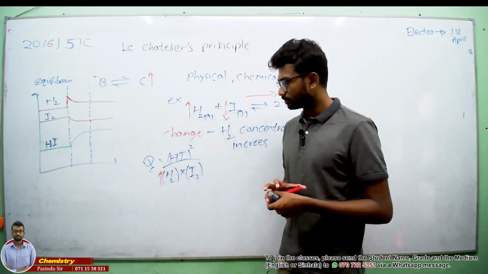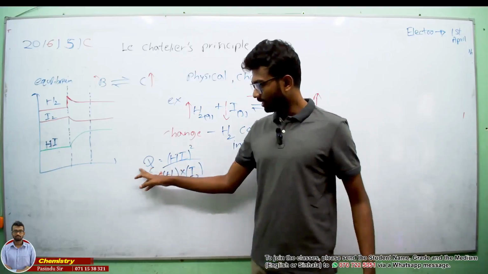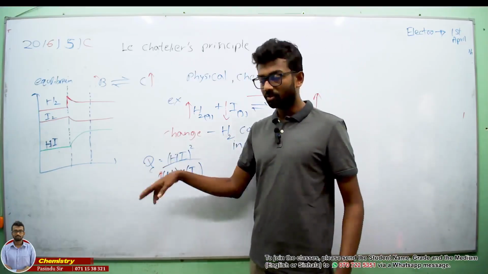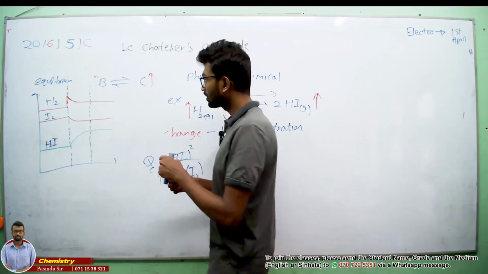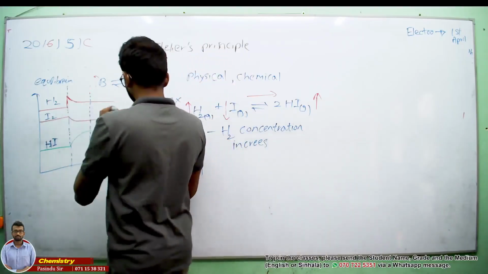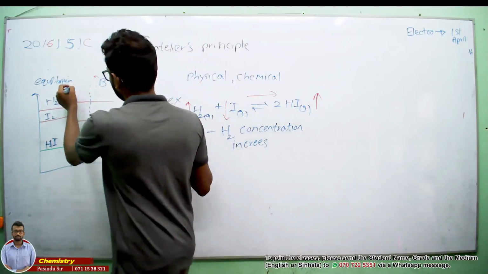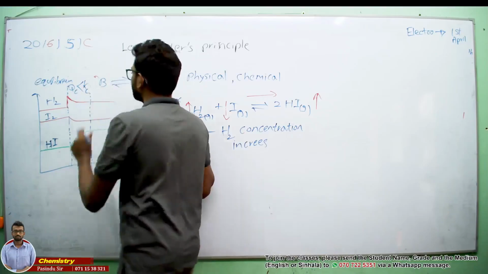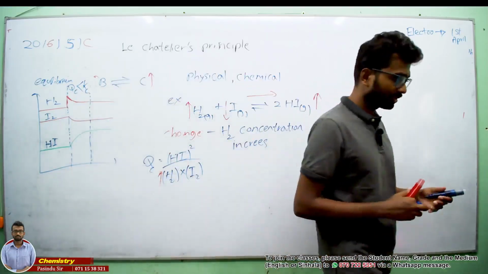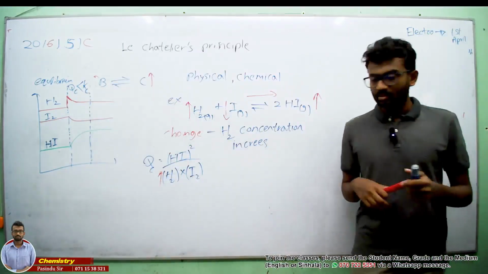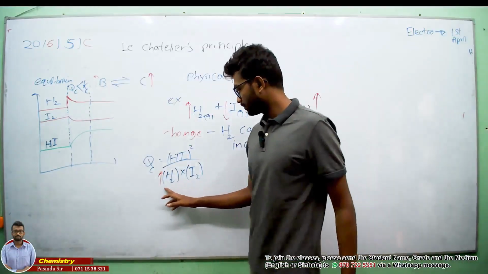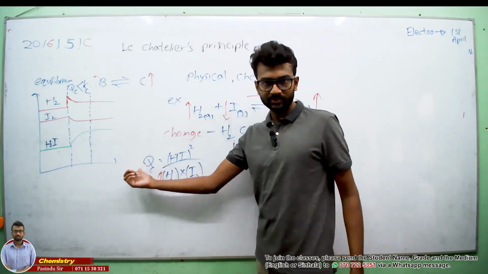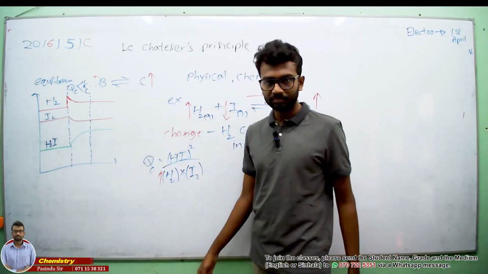That means QC becomes smaller than KC. When this part increases, the top value reduces, therefore QC becomes smaller.